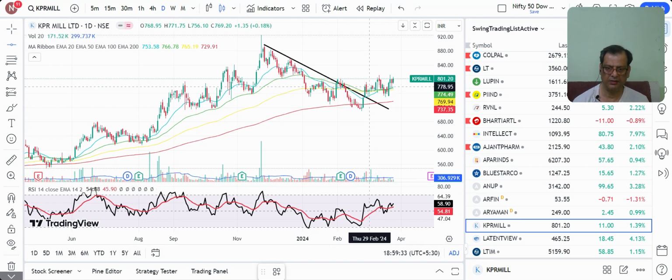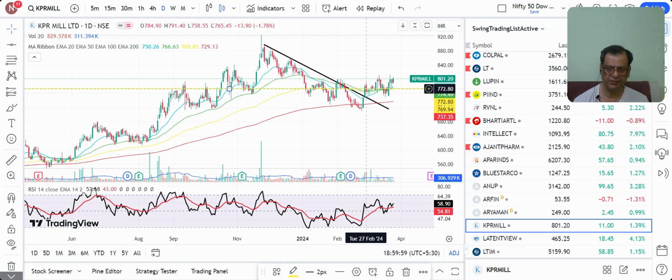You can even wait for this candle to close and take a trade, or if you've been observing this candle while you were in the market and this candle has gone up, and of course there would be intraday movements, once the price crosses the 20 EMA, and if you want to be aggressive and don't want to wait for the candle to close, you would basically have a buy point here.